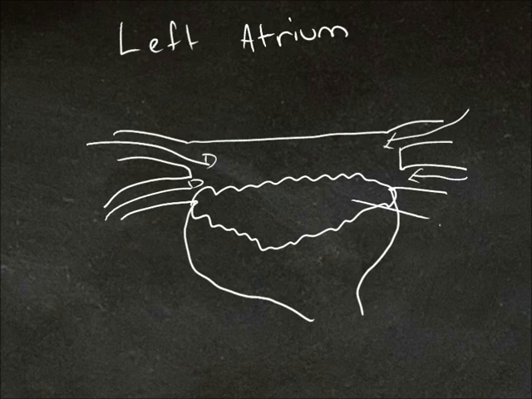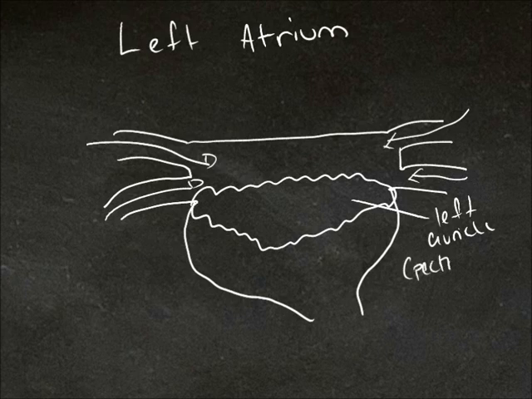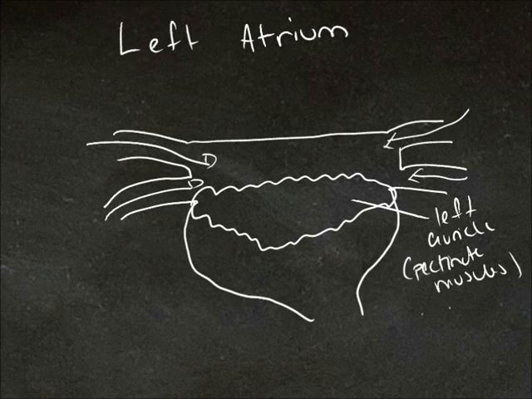Here we have the left auricle, and within this we have pectinate muscles, which were those comb muscles.